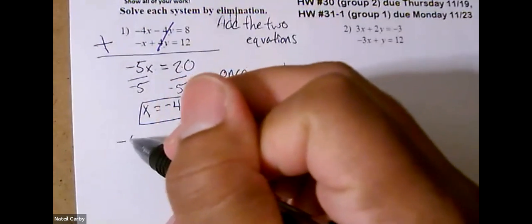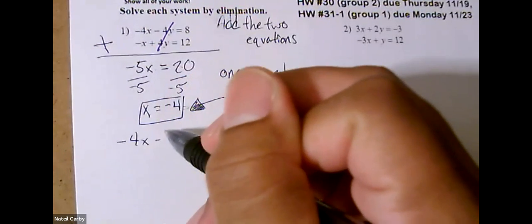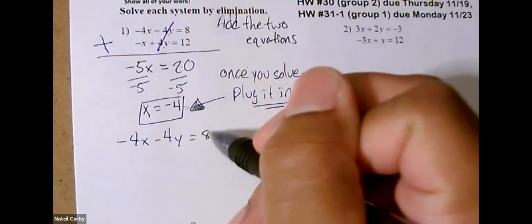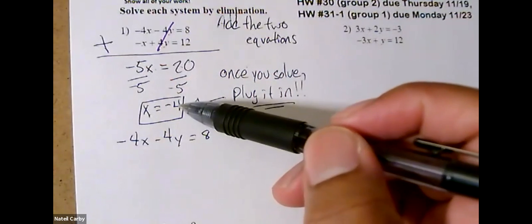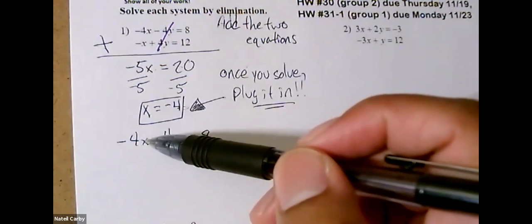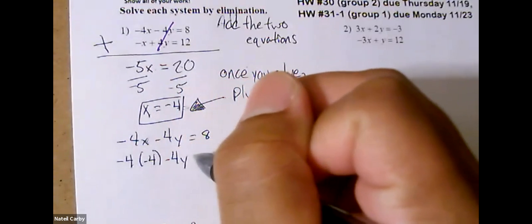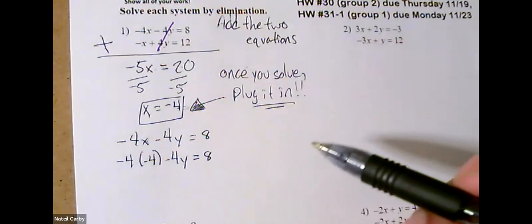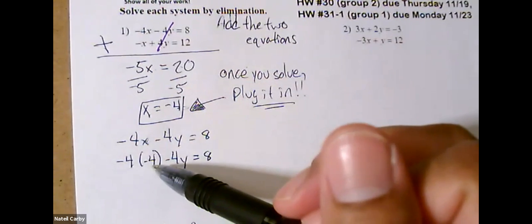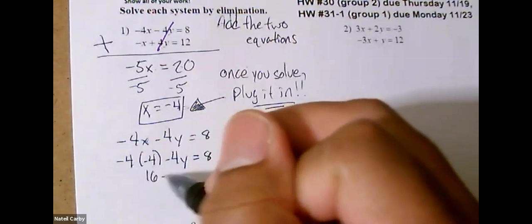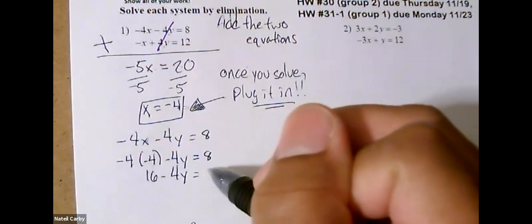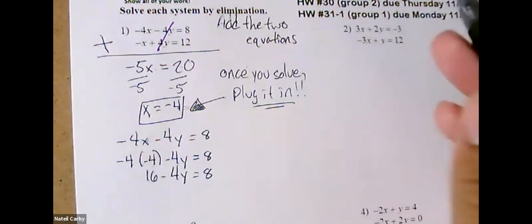So I'll do -4x minus 4y equals 8. However, instead of writing x, I'm going to substitute my -4 in for x. So it's going to be -4 times -4 minus 4y equals 8. -4 times -4 is 16 minus 4y equals 8.